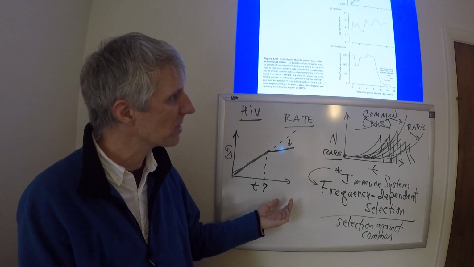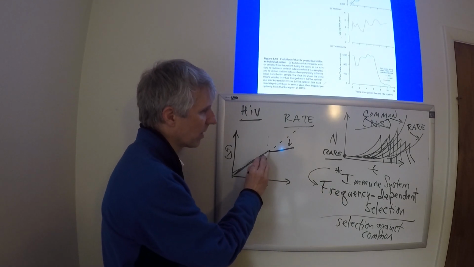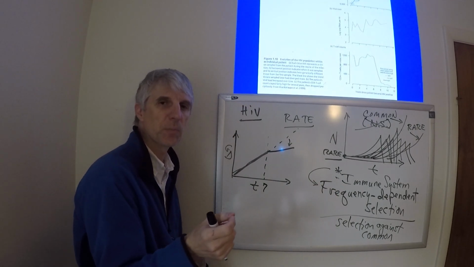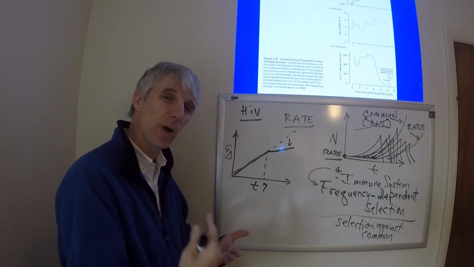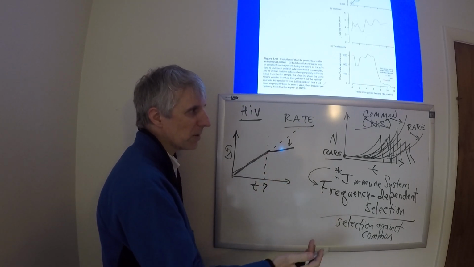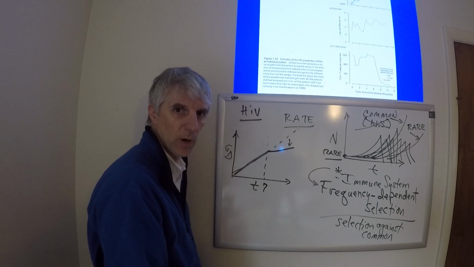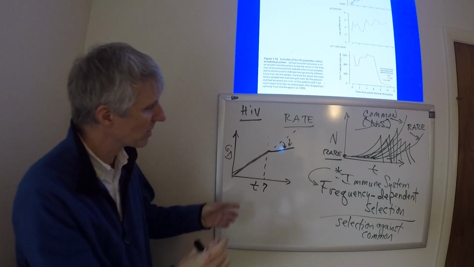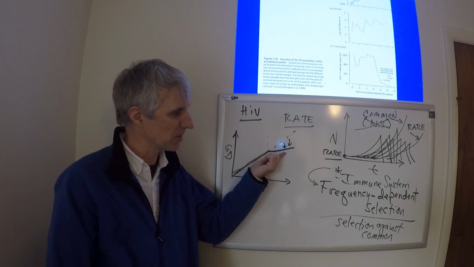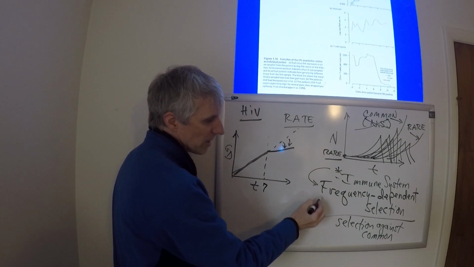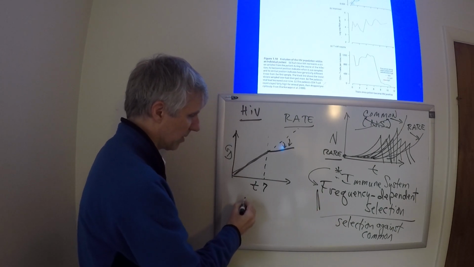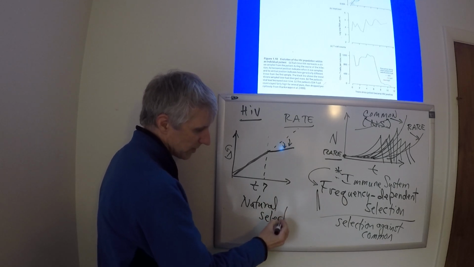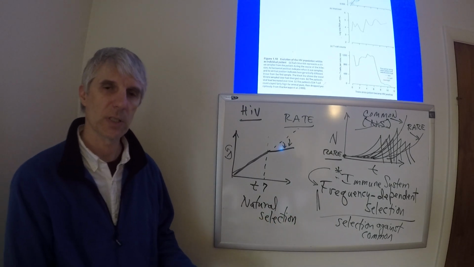So as these T cells disappear from the system, you can no longer run the immune system the way you were running it before, and because you can't run it that way, you're not making antibodies against this common one anymore, which means at this point there's a decrease in the rate at which these new genotypes appear, because now instead of operating under a frequency-dependent model, we're operating under that same type of selection that we've talked a lot about before, which is natural selection.